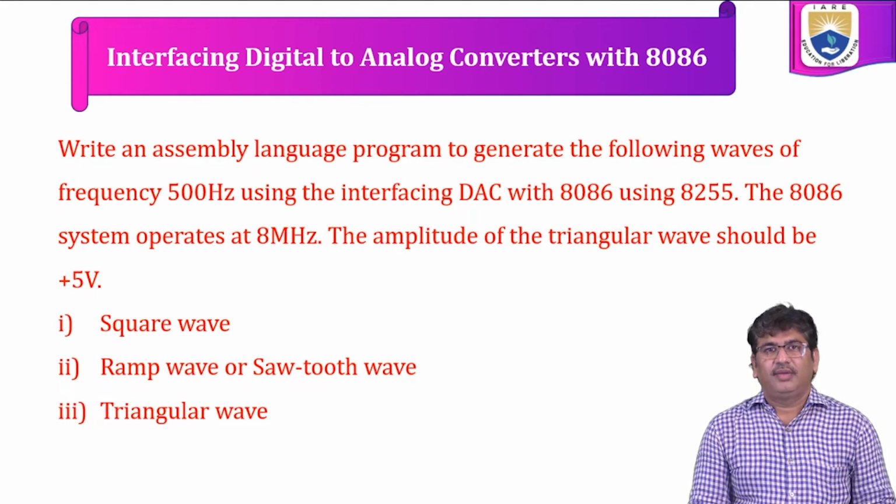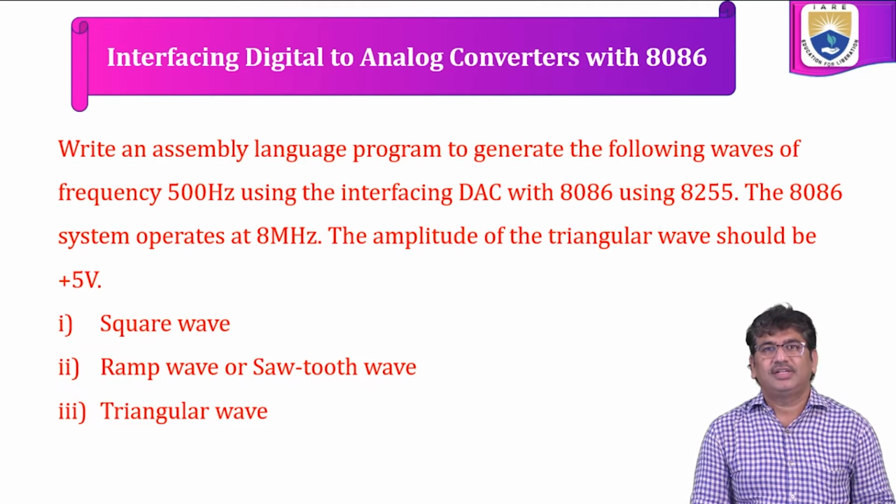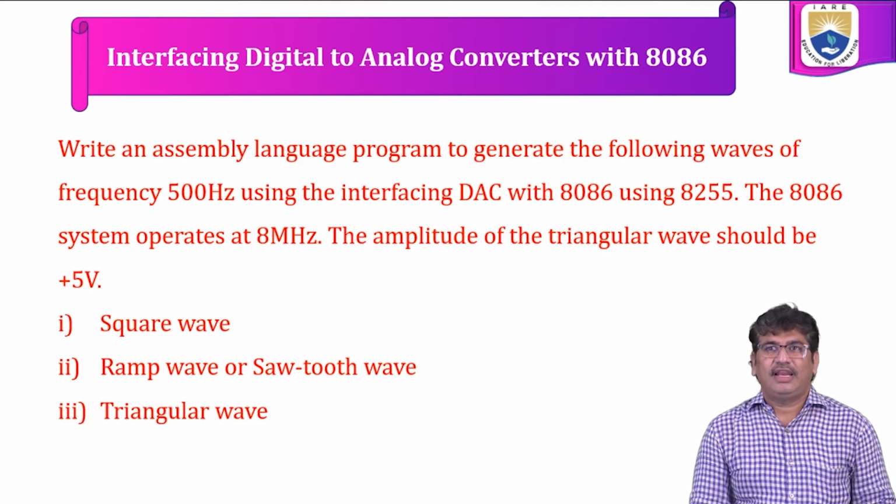Now we will see a programming concept for generation of different waveforms using a DAC 0800. The problem statement is as follows. Write an assembly language program to generate the following waves of frequency 500 Hz while interfacing the DAC with 8086 using 8255.